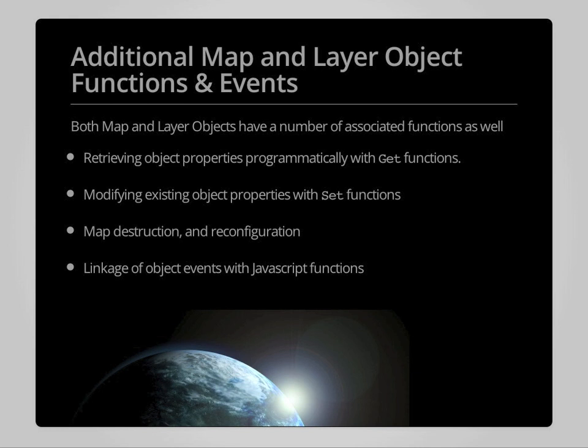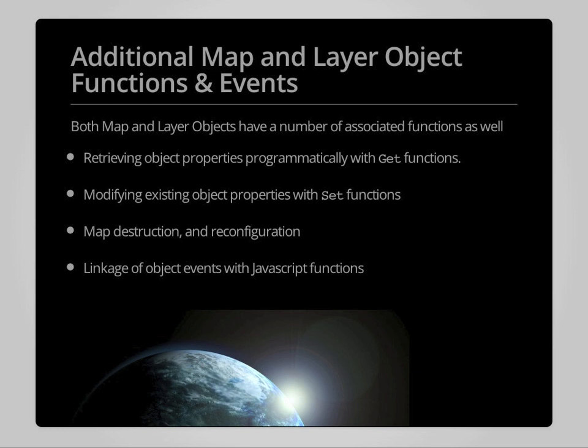First, as you write your JavaScript, or as you add new controls, whether they're buttons or other capabilities to your mapping client, each one of these map and layer objects have a set of functions for both getting the properties from those objects so that you can learn what they are, and then you can also modify those properties using a variety of set functions.